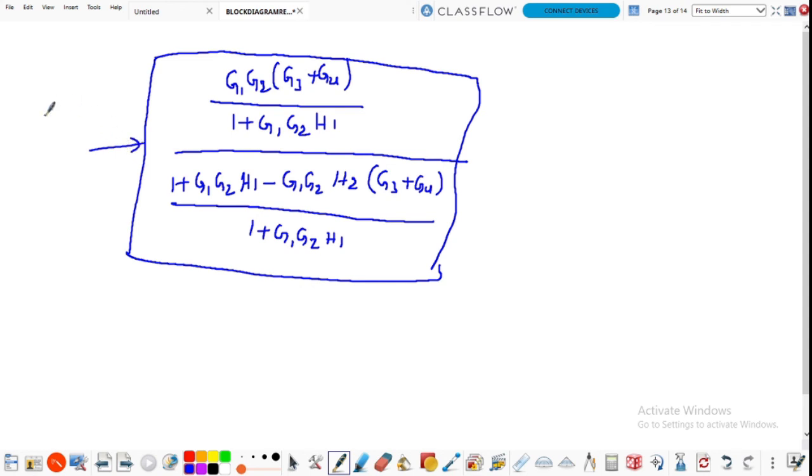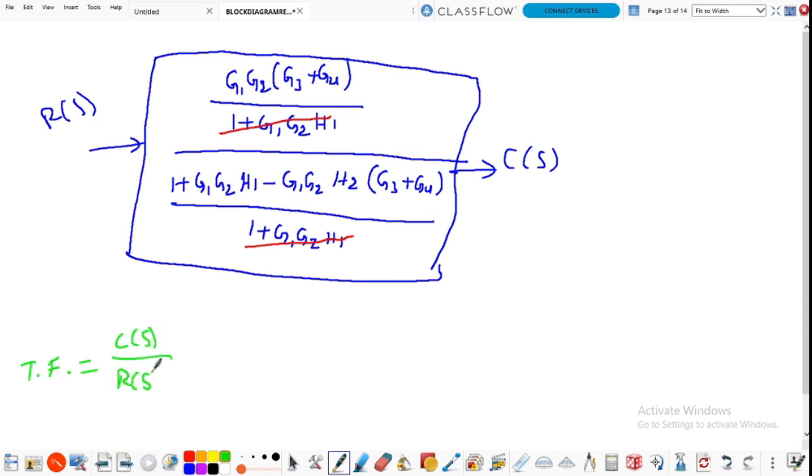The input is R of S and output is C of S. Now in the numerator and denominator, 1 plus G1 G2 H1 is cancelled. So what is the definition of the transfer function? Output by input. What is the output? C of S. And what is the input?